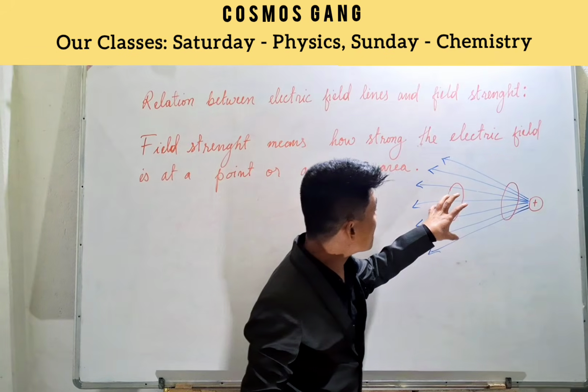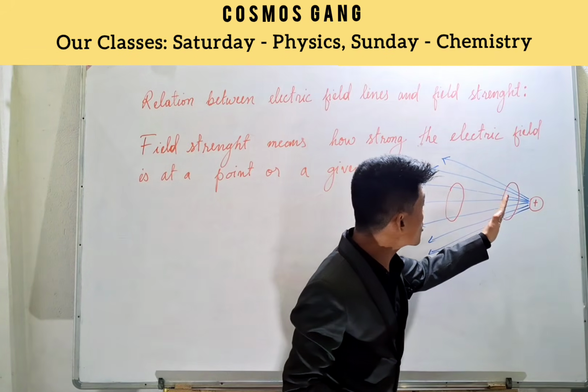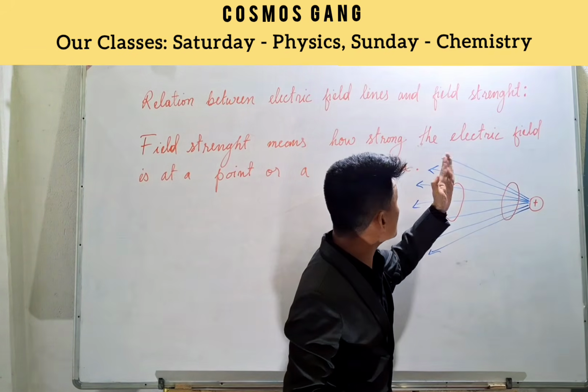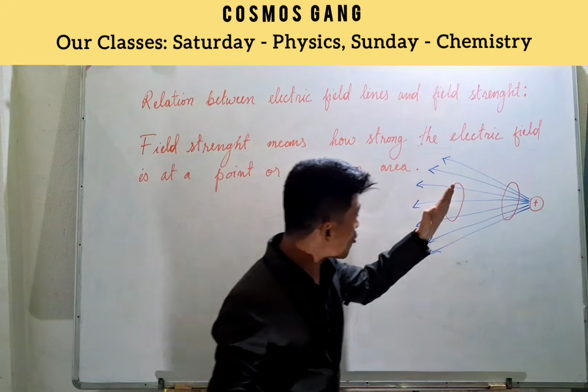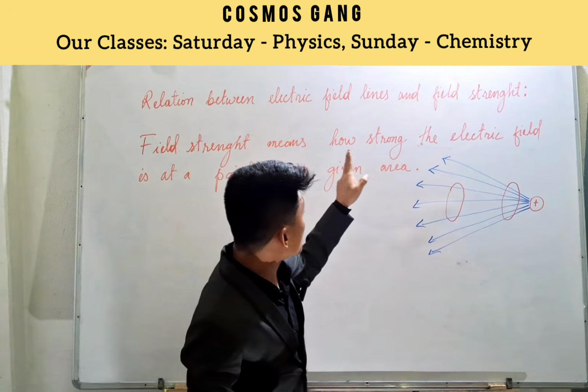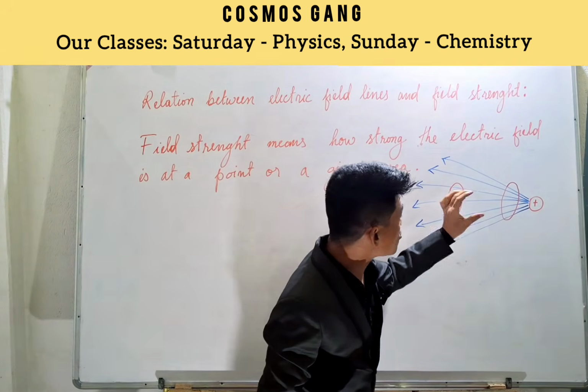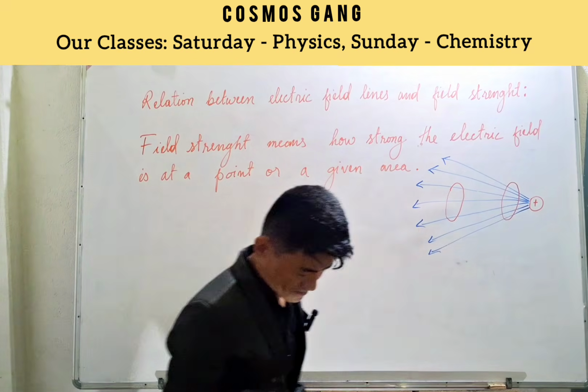So from here I can find that the closer we go towards the charge, our field strength will be stronger, where the field lines are closely packed or closer to one another.